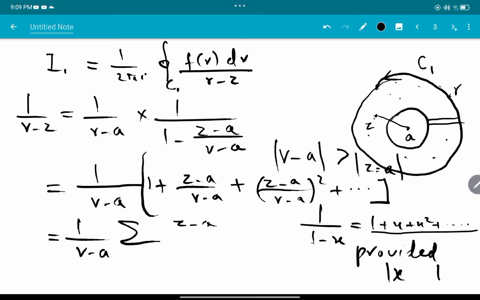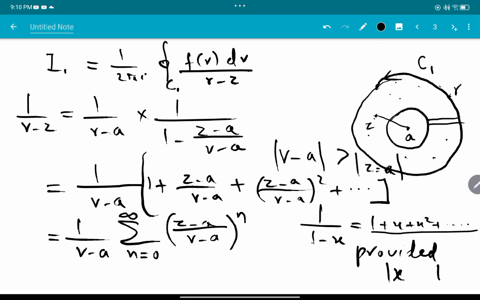So I will write z minus a divided by gamma minus a whole raised to n, where n starts from 0 and goes to infinity. You know this series converges. With this, I will now substitute this quantity in place of this here.